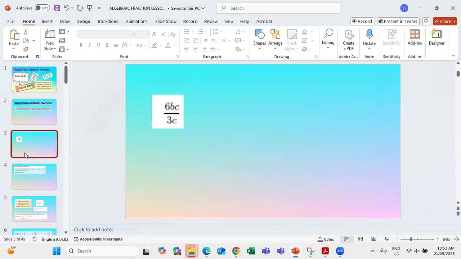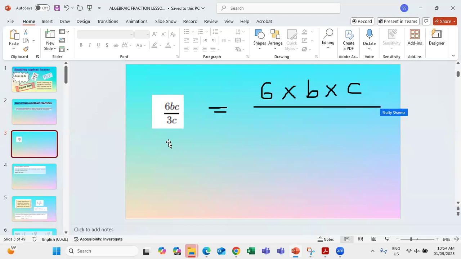The first example I'm going to take is 6bc over 3c. In algebraic expressions, when we write a term like 6bc, its meaning is 6 multiplied by b multiplied by c. So we are writing 6bc in factored form, in multiplication form, and 3c will be written as 3 multiplied by c.